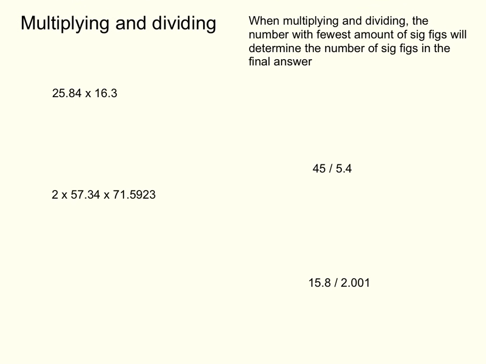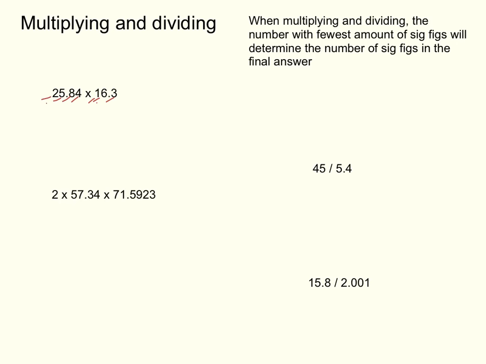So with multiplying and dividing, instead of looking to the right of the decimal place, we're looking at the sig figs in the whole number. Okay, so let's look at the first one. We have 1, 2, 3, 4 sig figs, and on the other number we have 3.